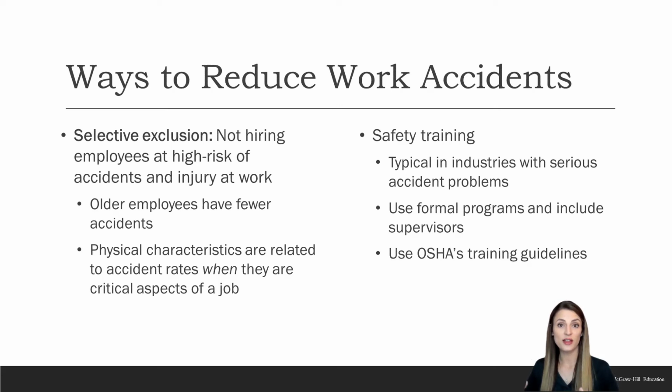We can also develop and conduct safety trainings, which are typical in industries with high accident rates. Think about working on an oil rig in the ocean. There is a lot of danger involved in that job, and it would be unheard of not to train individuals in terms of the safety precautions that they need to take.